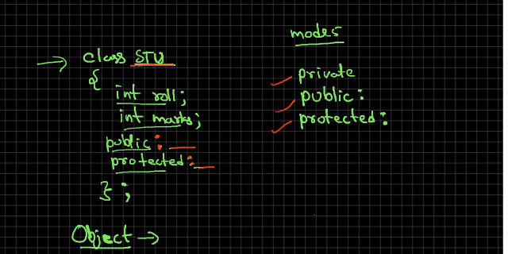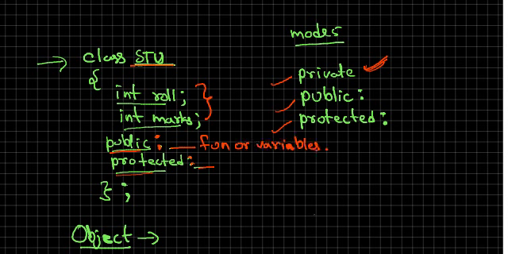By default, it will always be private. And whenever you need public or protected, you have to define it like this: public colon. Then you can define anything here, like functions or variables. Okay.